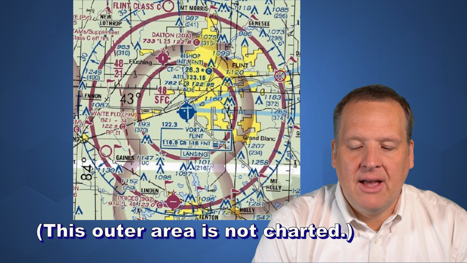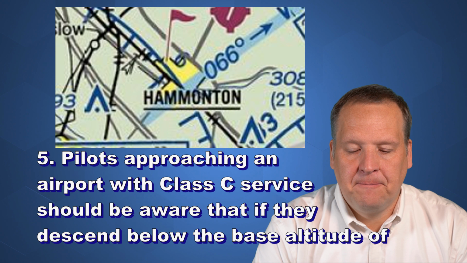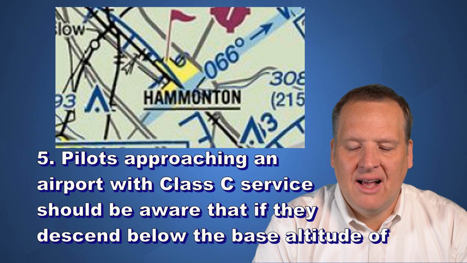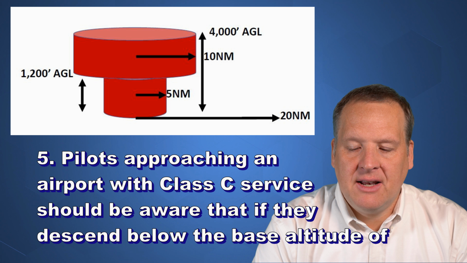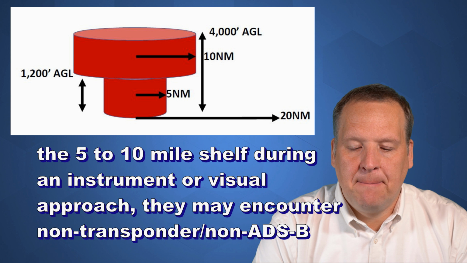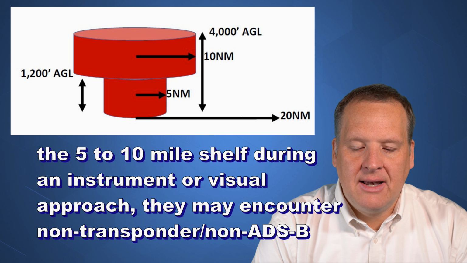This outer area is not charted. 5. Pilots approaching an airport with Class Charlie services should be aware that if they descend below the base altitude of the 5 to 10 mile shelf during an instrument or visual approach, they may encounter non-transponder, non-ADS-B VFR aircraft.